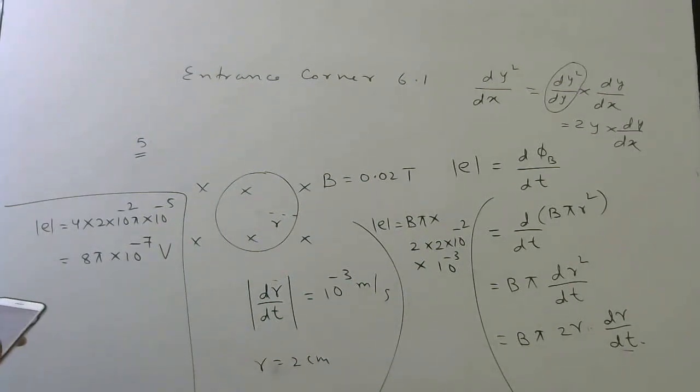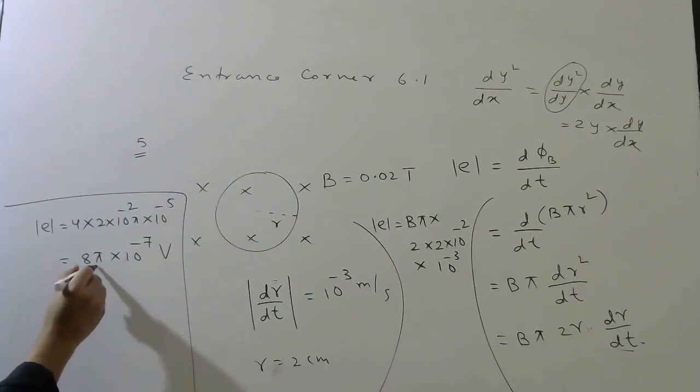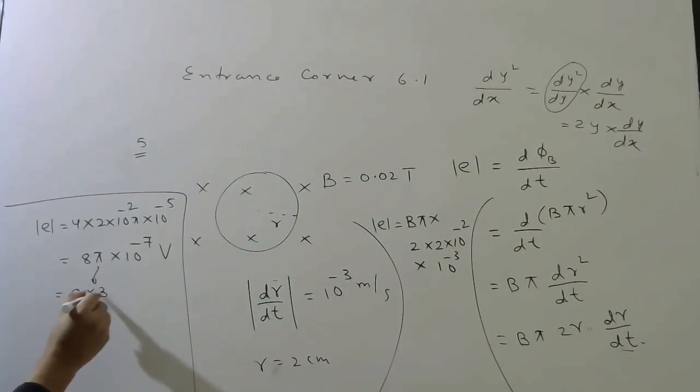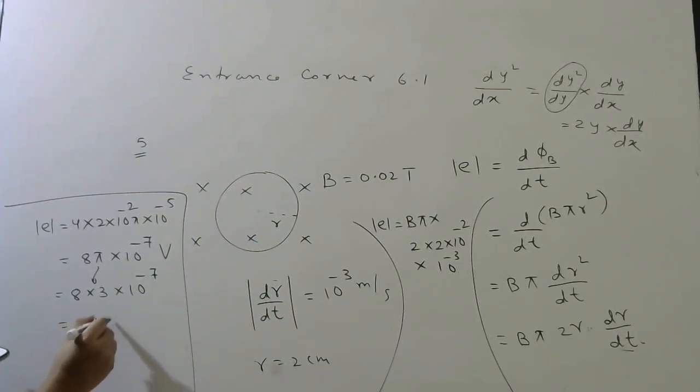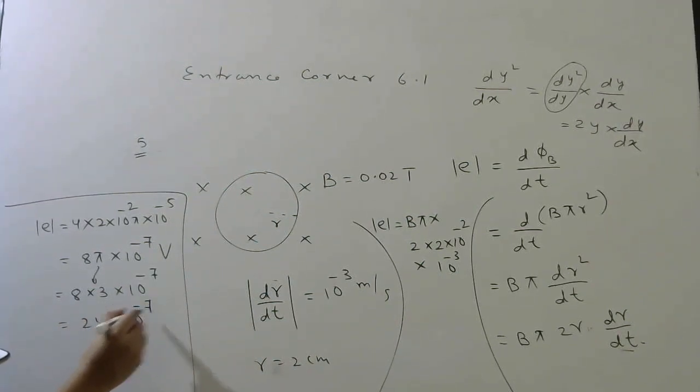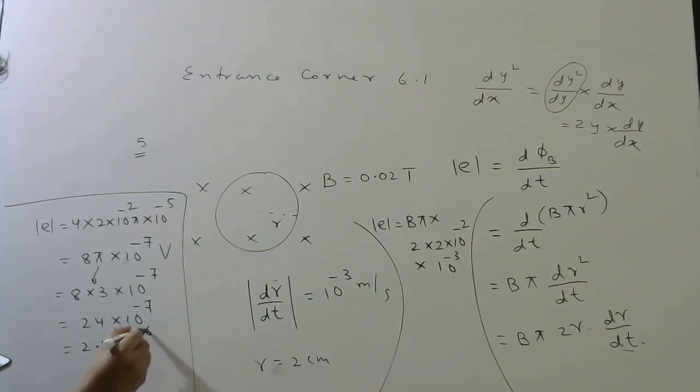You can see the options do not have π. So I will write π as approximately 3. 8 threes are 24 into 10 power minus 7. So 2.4 into 10 power minus 6. 10 power minus 6 I can write as microvolt. So this is 2.4 microvolt.